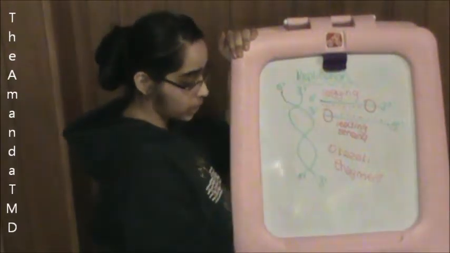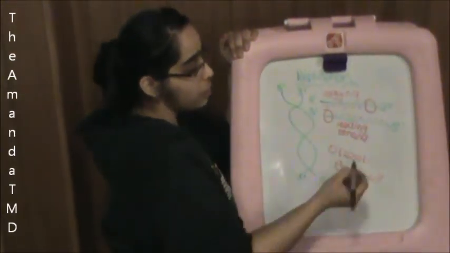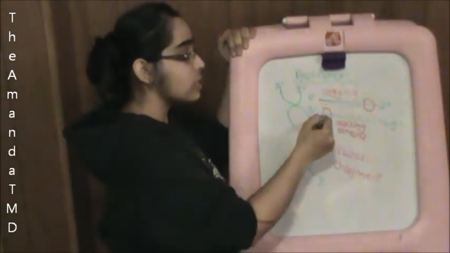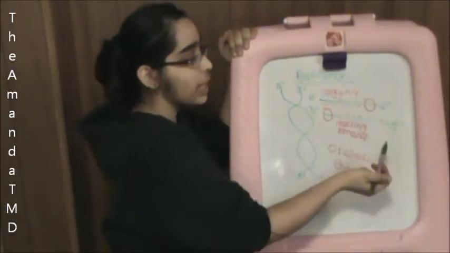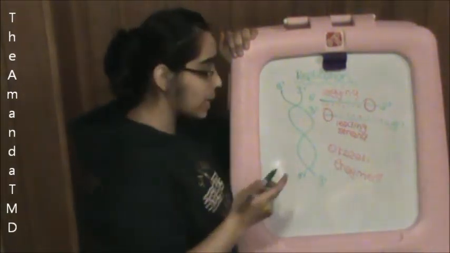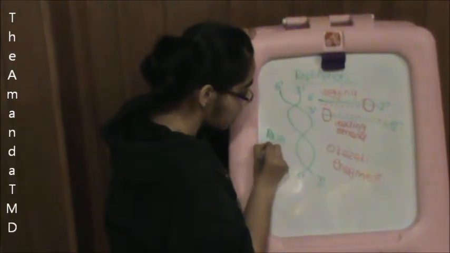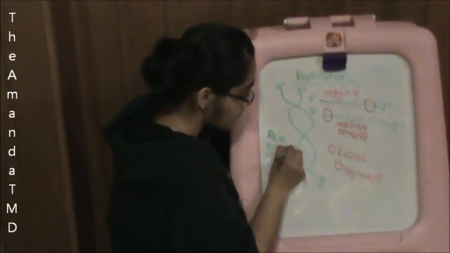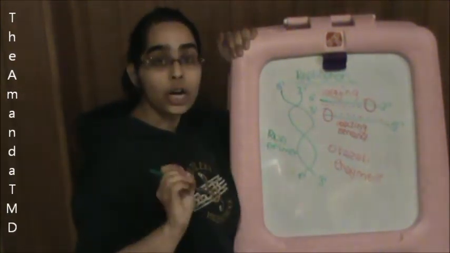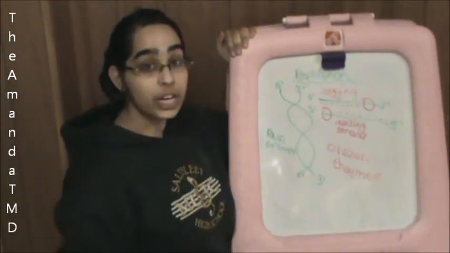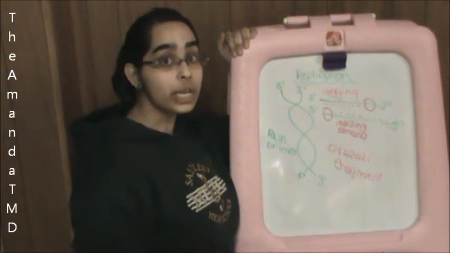The other thing that I'd like to mention is before DNA polymerase can actually bond to these strands, you need something known as an RNA primer. And what this RNA primer is, it's a part of RNA that gets inserted by a different enzyme known as RNA polymerase.